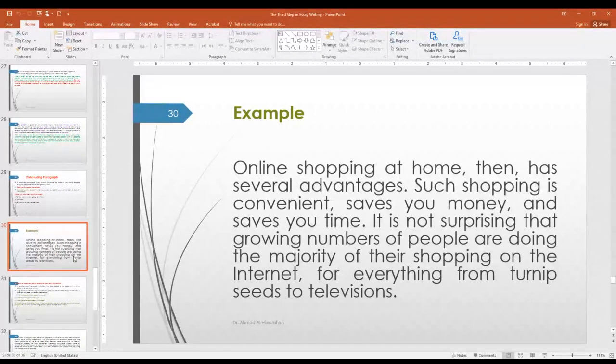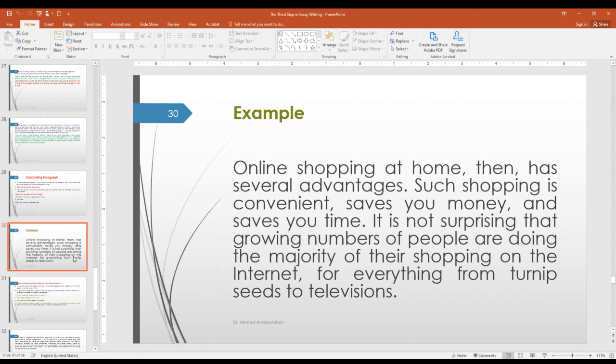Online shopping at home. Look at this example. Online shopping at home then has several advantages. Such shopping is convenient, saves your money, and saves your time.